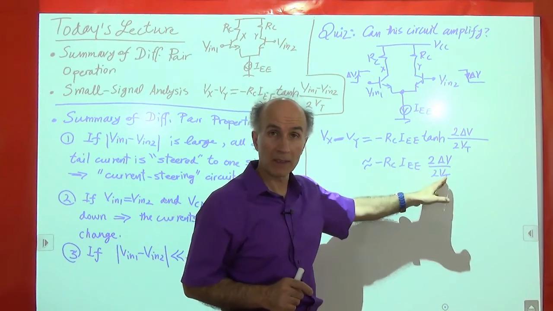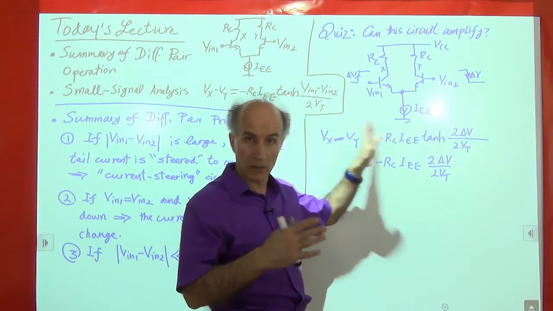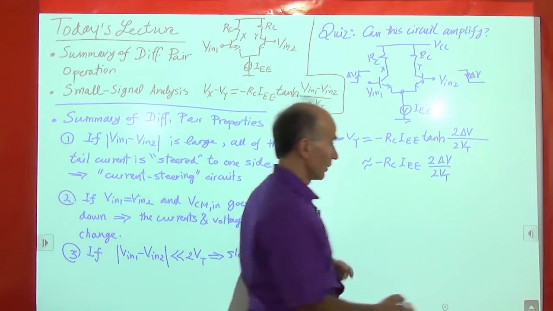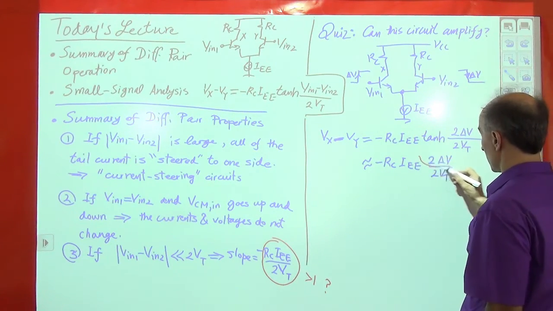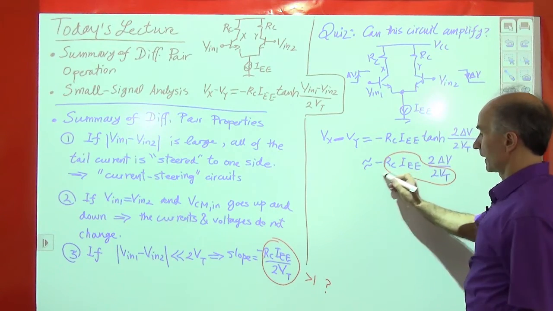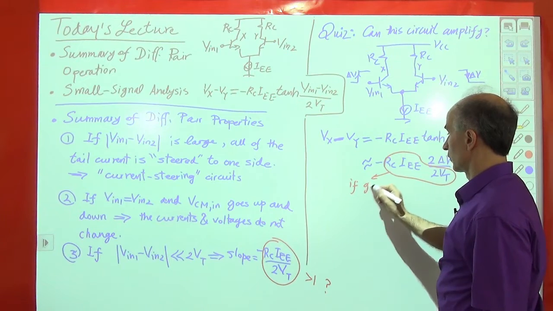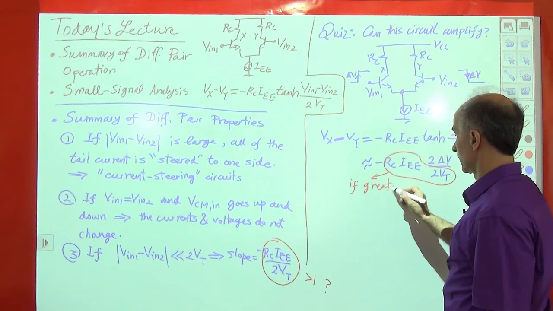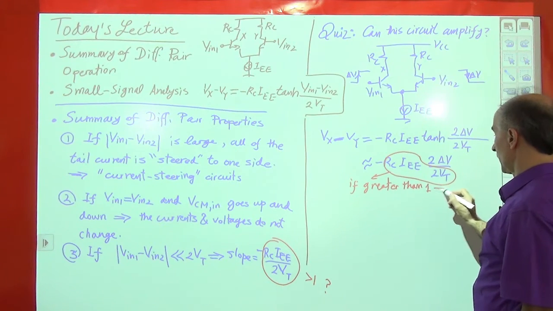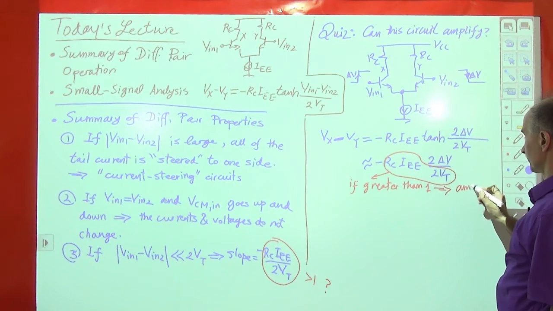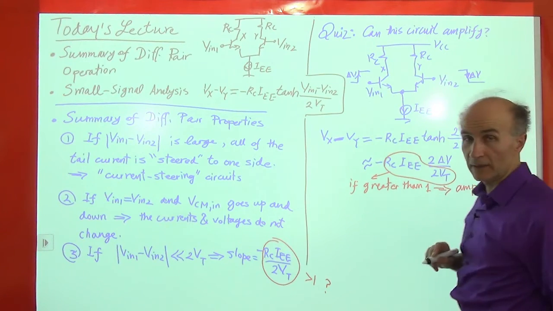So if this whole thing is greater in absolute value than 2 delta V, then we have amplification. So we'll circle this again, just like before, and we say this has to be greater than 1, then we have amplification. Okay, so that's easy enough.